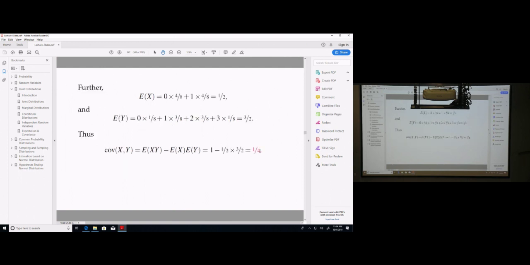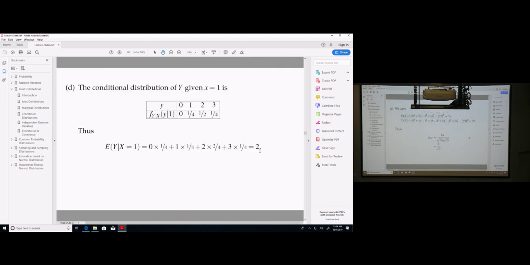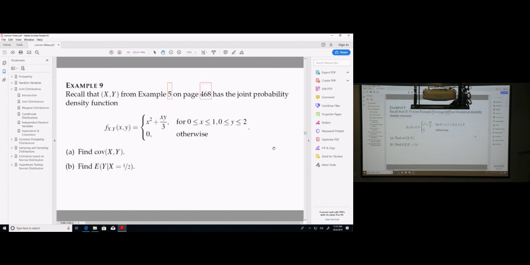The sign of the correlation coefficient depends on the sign of the covariance, because the denominator is basically always positive. To calculate this, you have to find out the marginal at X equal to 1, so you have to find the specific row total, and then renormalize it so that you get this. Okay, maybe I'll stop here.